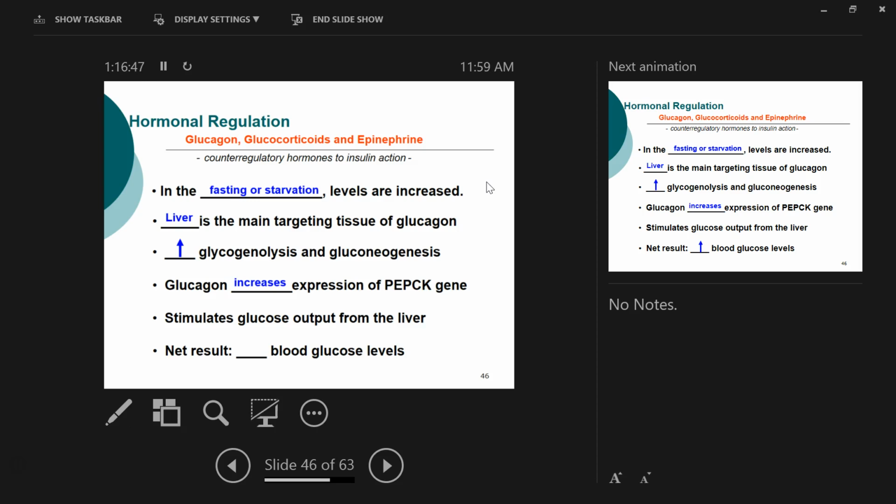So glucagon does two things to stimulate glucose output from the liver. What two things does glucagon do to increase glucose output? I think all are listed in the slide. Which glucose metabolic pathway does glucagon regulate to increase glucose production from the liver?